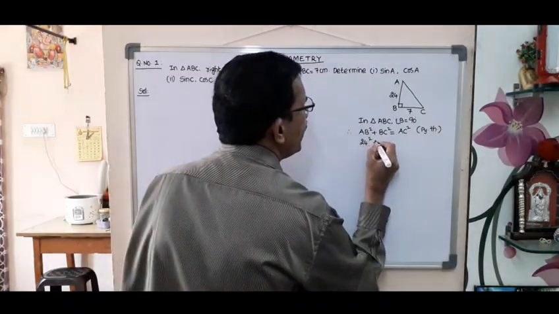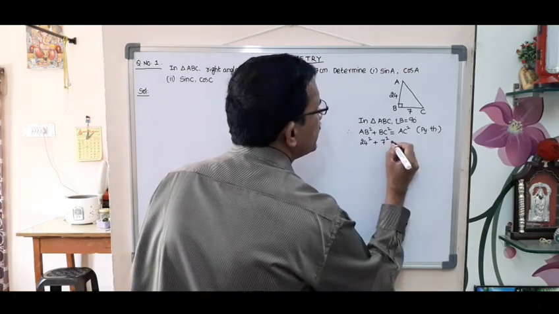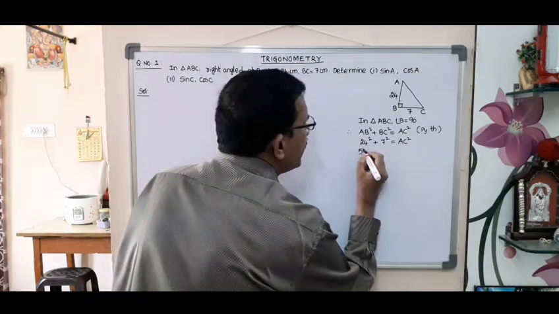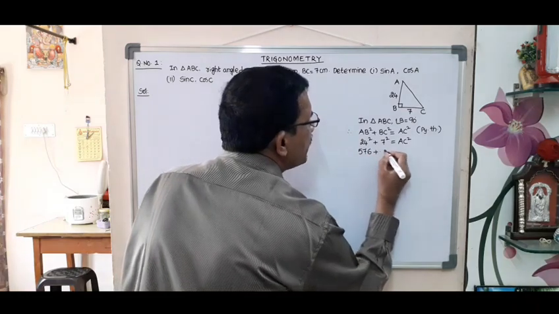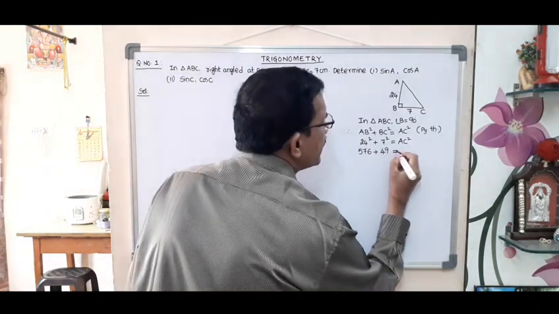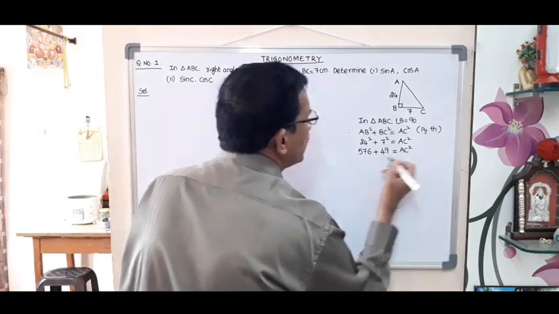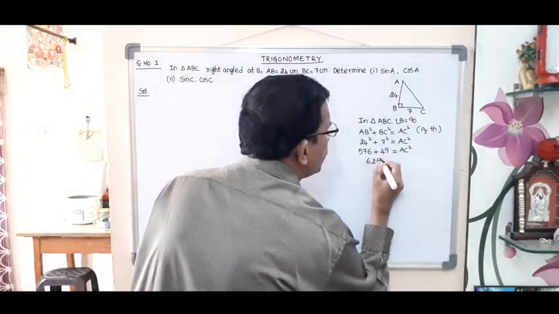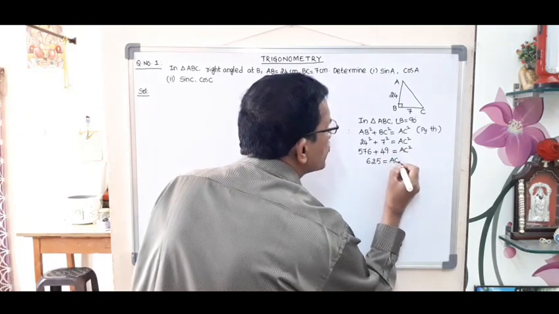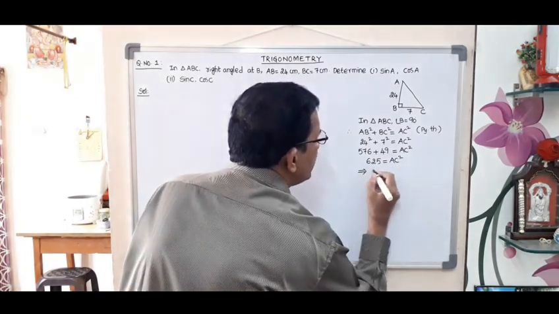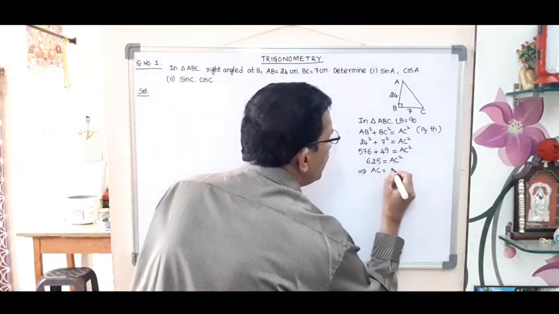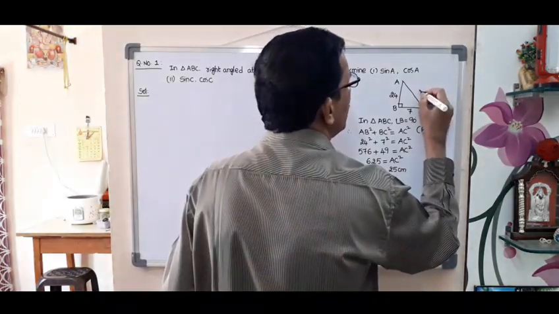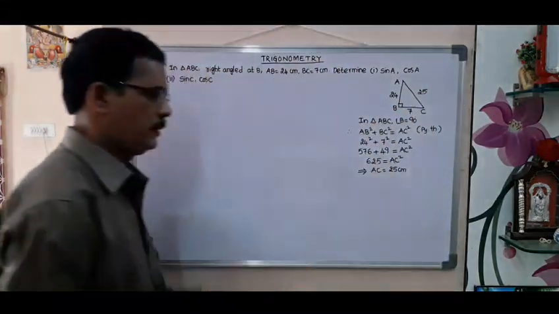So 24 square plus 7 square is equal to AC square. 24 square is 576 plus 7 square is 49 is equal to AC square. 576 plus 49 is 625 is equal to AC square, which implies AC is equal to 25 centimeters.